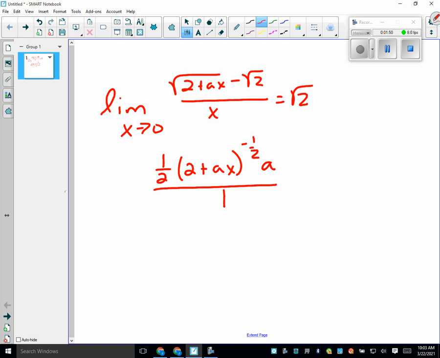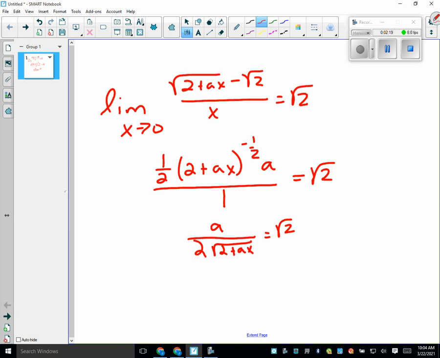Because what is the derivative of ax? If that was a 6x, would the derivative be 6? So the derivative is a. So, is it true that this has to equal radical 2? So what I have is a over 2 radical 2 plus ax equals radical 2.